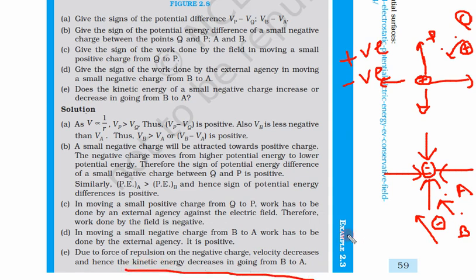So we can say in two methods: since we are moving up, we are opposing the field, hence velocity would decrease, hence kinetic energy would decrease.